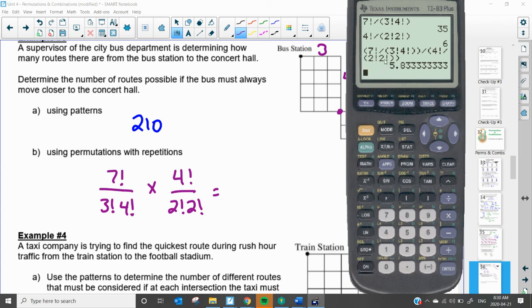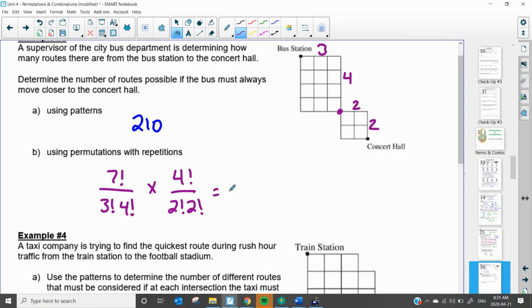So obviously I made a little mistake there. So go back and check. We got 7 factorial divided by 3 factorial, 4 factorial, that's all in brackets, divided by 4 factorial. Oh, because I'm supposed to be multiplying. All right, so times, and then we get the 210. And so we have 210 as our final answer.